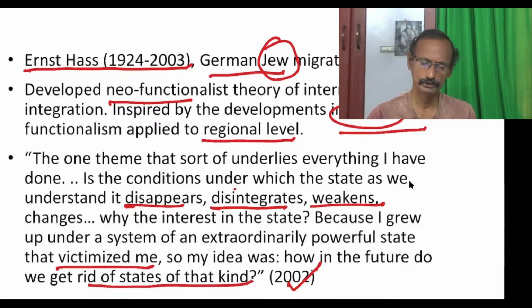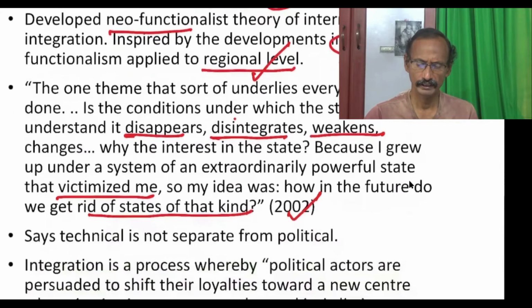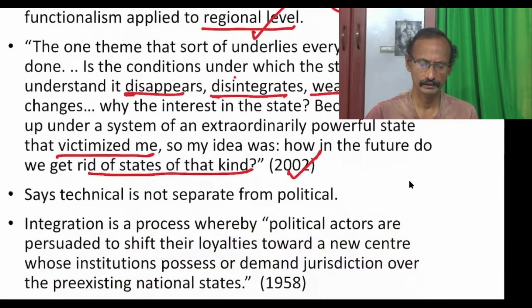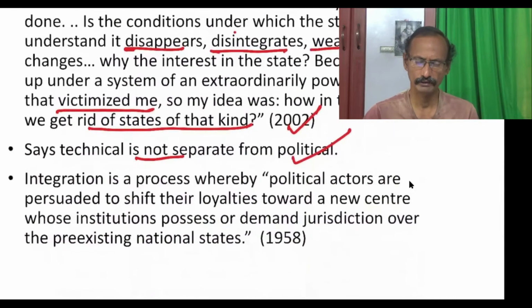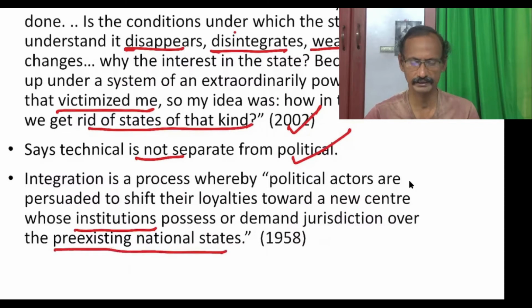So neo-functionalism is about regional level, but Haas disagrees that you need to make a distinction between technical and political. Technical is not separate from the political. And he says integration is a process whereby political actors are persuaded to shift their loyalties towards a new center whose institutions possess or demand jurisdiction over the pre-existing national states.